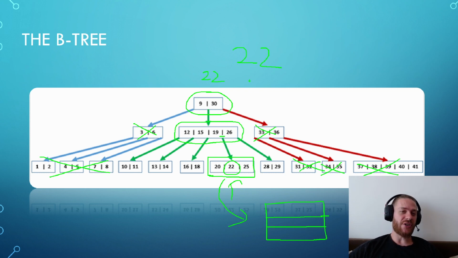So if we're searching, for example, all the people who have age 22, and we have 41 or more entries in the B tree, we don't need to scan through all the 41 entries. We need only 3 operations here, here, and here to find the person with age 22 and fetch its data from the original table.